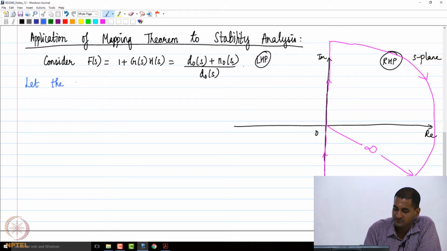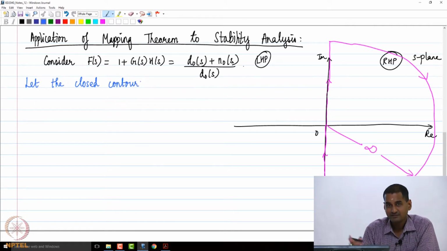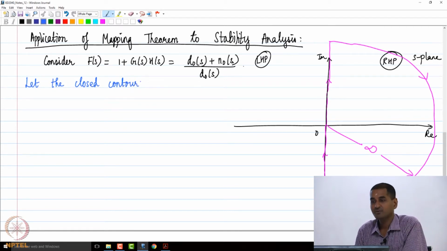Of course one can ask, is this contour really closed? When you take an arc of infinite radius, would you consider it closed or open? We will not get into that level of debate here.